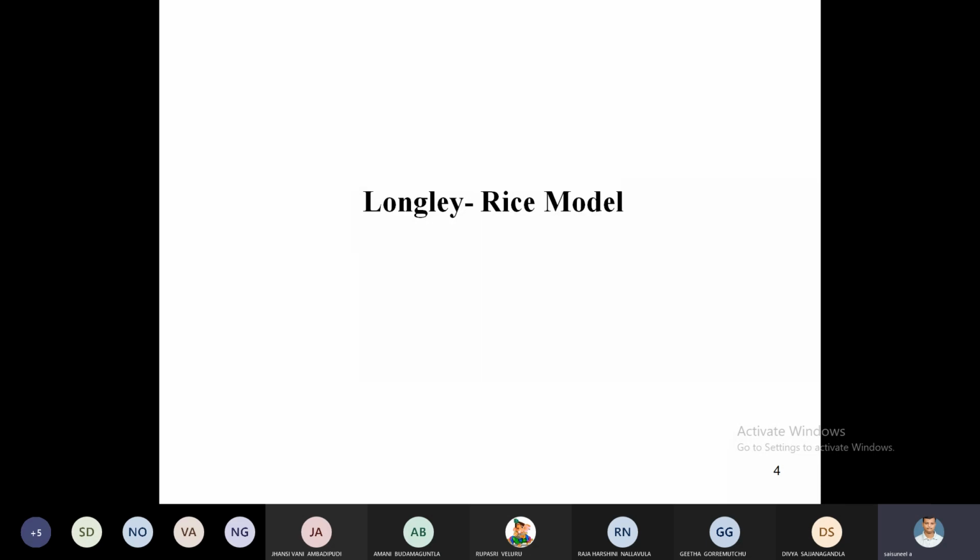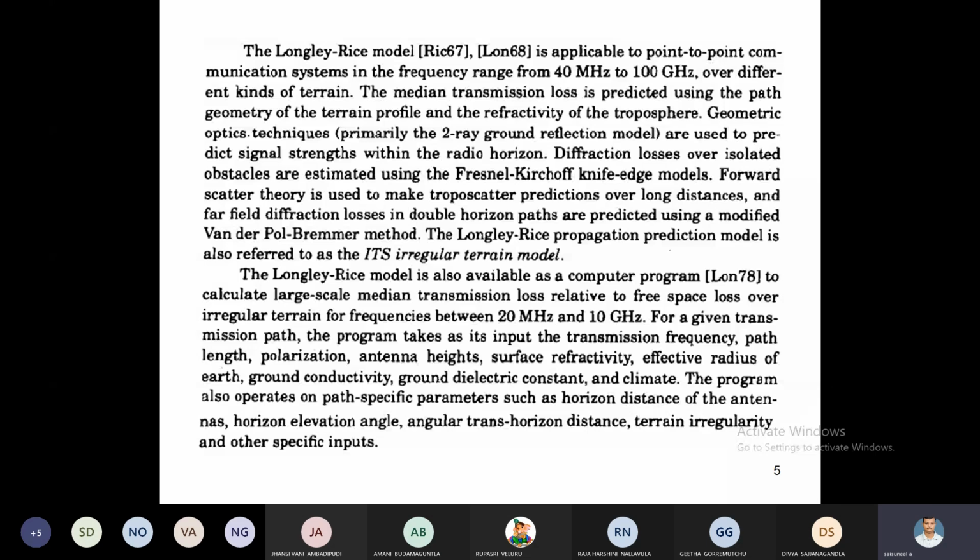The inputs required to generate output in a computer program are: the transmission path, the frequency we are using, and the path length, that is the distance between transmitter and receiver. Also the polarization, the base station antenna height, and similarly the mobile station antenna height, surface refractivity, effective radius of Earth, ground conductivity, ground dielectric constant, the climate, the type of antennas, the elevation angle, the angular horizon distance, the terrain irregularity, and other specific inputs.